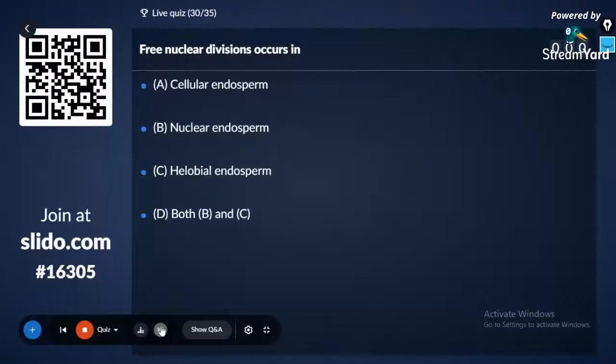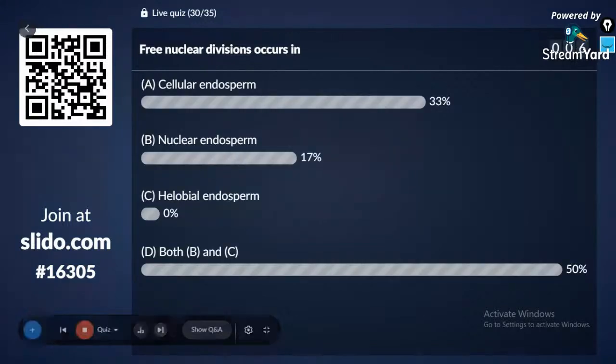You were not able to answer the direct MCQ, so how will you handle this one? Free nuclear division occurs in cellular endosperm, nuclear endosperm, helobial endosperm, or both B and C? Yes, both B and C: nuclear endosperm and helobial endosperm.